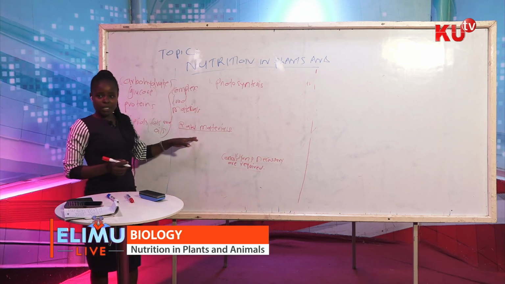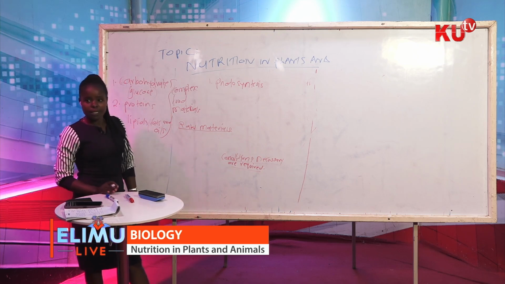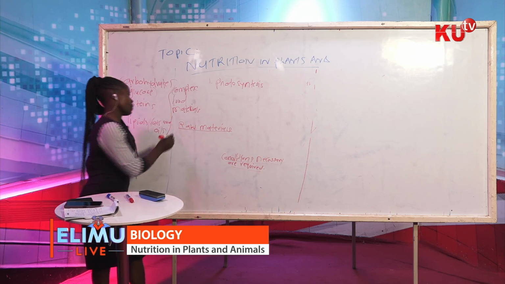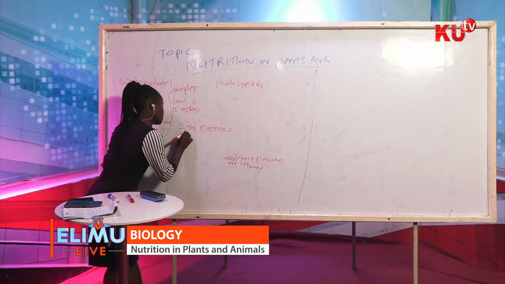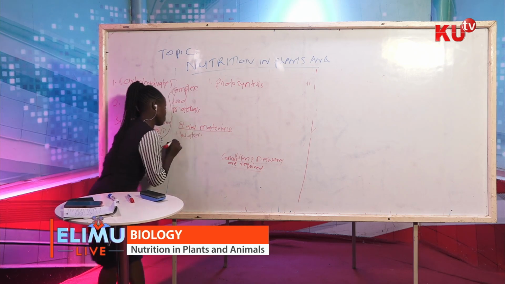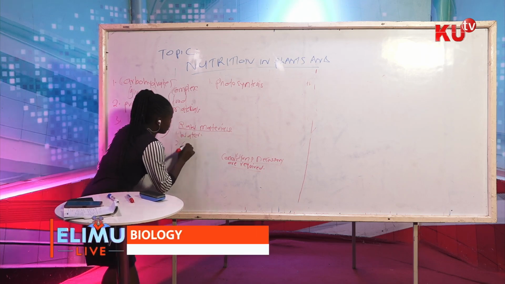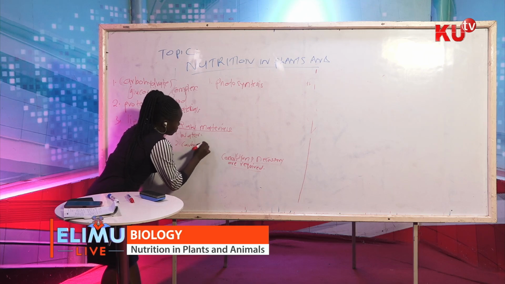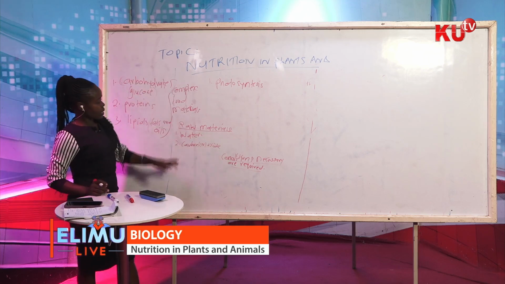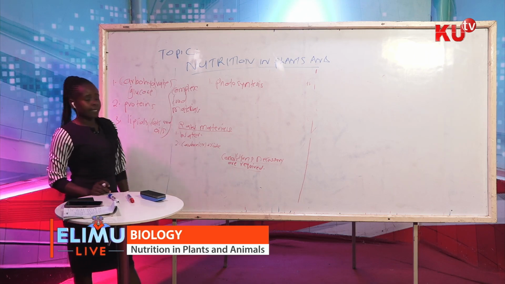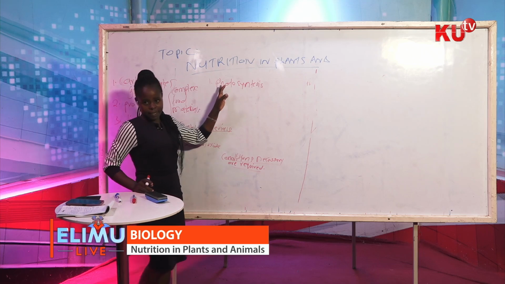So for the raw materials that are needed for the process of photosynthesis to take place, one, we must have water. Two, we must have carbon dioxide. So these are the raw materials that are required during photosynthesis.